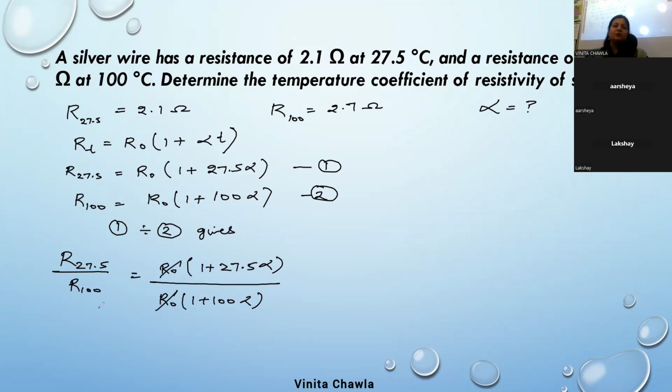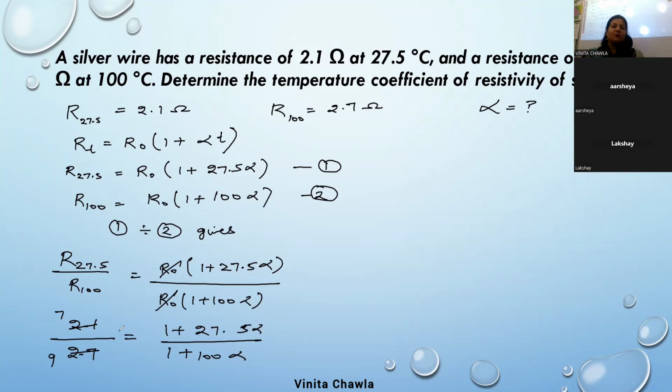Now put the values here. R 27.5 is 2.1 and R100 is 2.7, which is equal to 1 plus 27.5 alpha upon 1 plus 100 alpha. So this is 3 sevens are 21, 3 nines are 27, so 7 by 9.